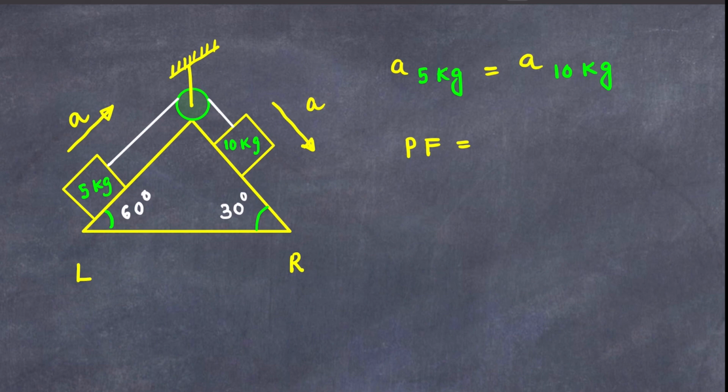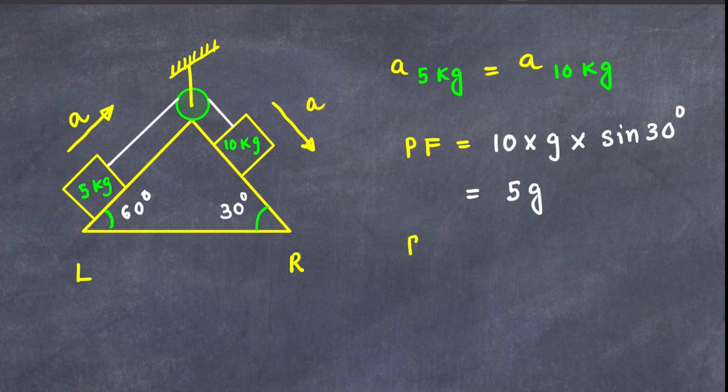And what will be the value of the pulling force? mg sin theta, and in the place of m we'll write 10. So that means 10 times g times sin theta. Now what is theta? Theta is the angle of the incline on which the 10 kg block is sitting. The 10 kg block is sitting on the 30 degree incline, right? So that means sin 30 degrees. So the pulling force will be 5g.